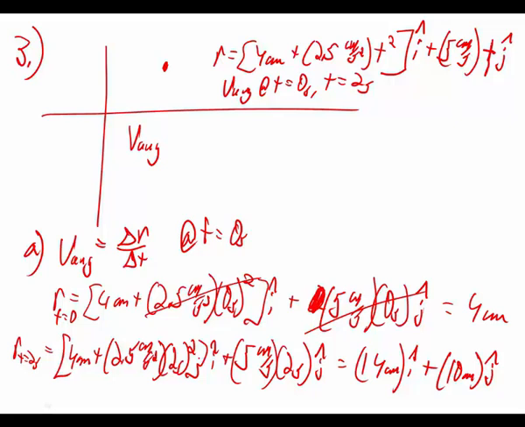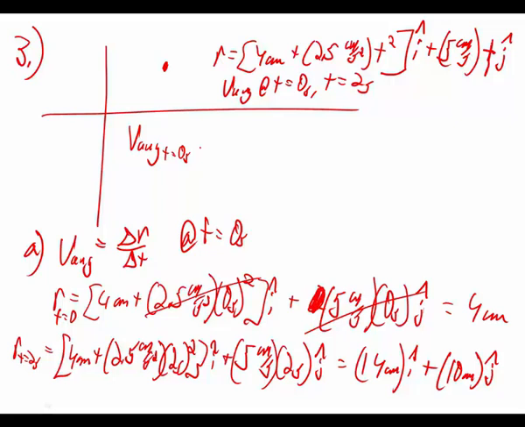So what do we do? We do it for each part, don't we? We've got at time 0, right?